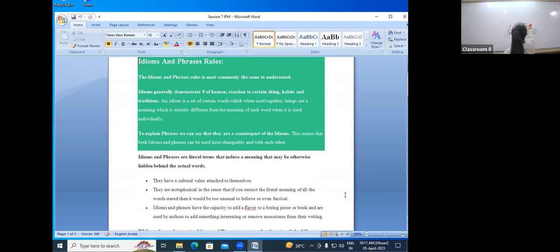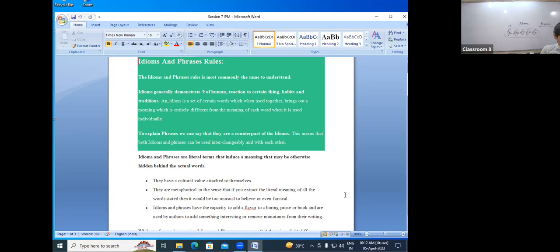Now let's go with the phrases. What are these phrases? Any clue? Satvika? It's a collection of words which are not complete sentences on their own. So, what is the difference?